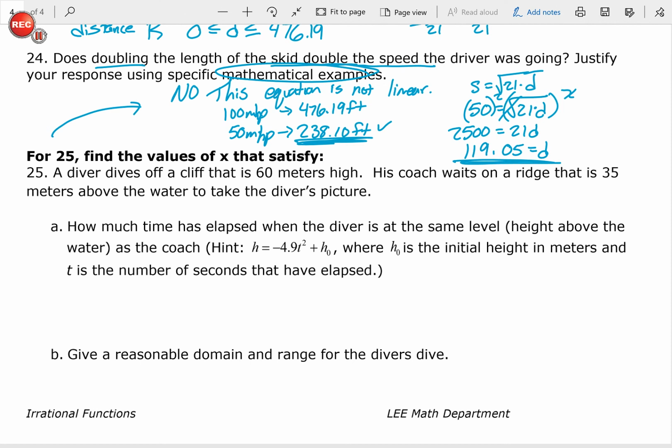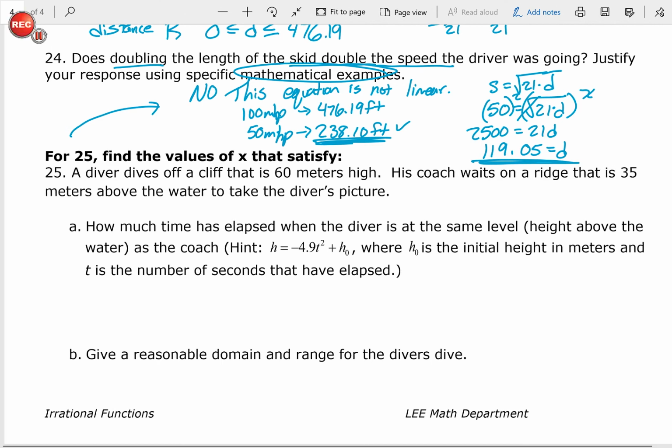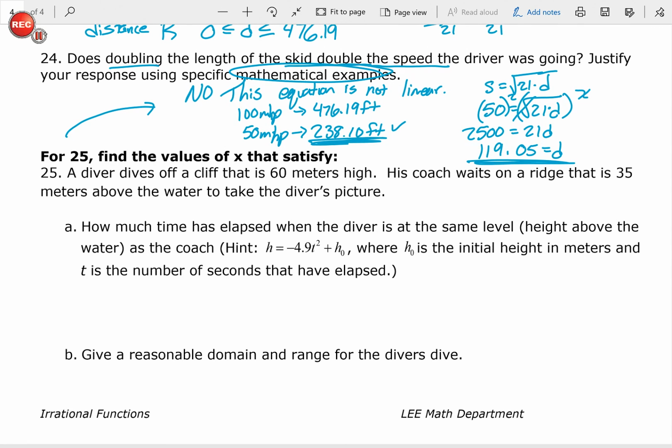A diver dives off of a cliff that is 60 meters high. His coach waits on a ridge that is 35 meters above the water to take the diver's picture. So in this one, it's best if you draw a little picture. If you know that the diver dives off a cliff, so here's our cliff, it's 60 meters high.